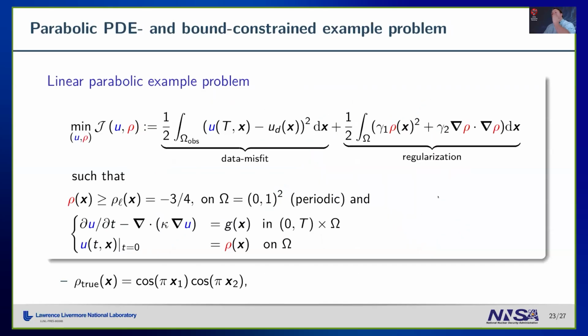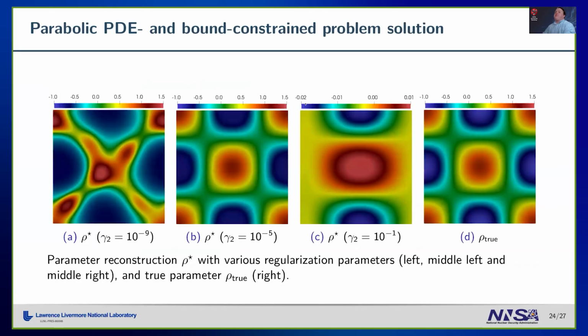Okay. For one final numerical example, we look at a time-dependent problem where the parameter is now the initial condition of this time-dependent problem. We are taking our observations at the final time and also on the left-hand side of the domain, as in the previous example problem.